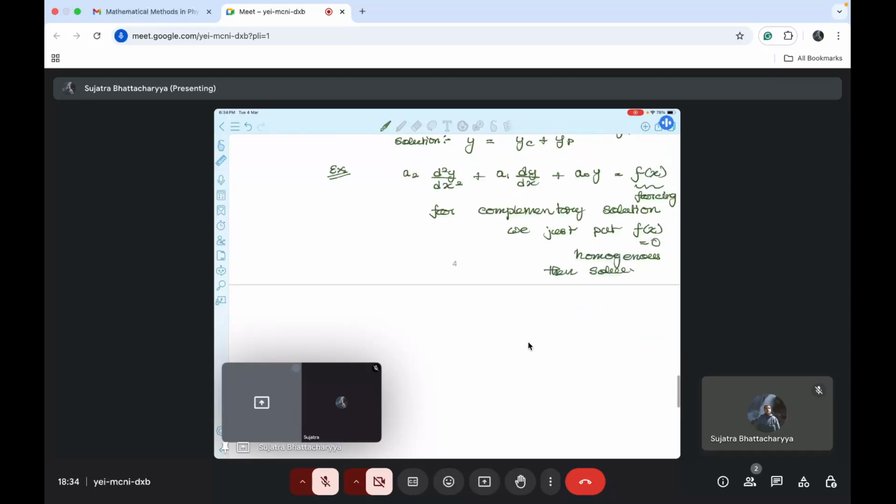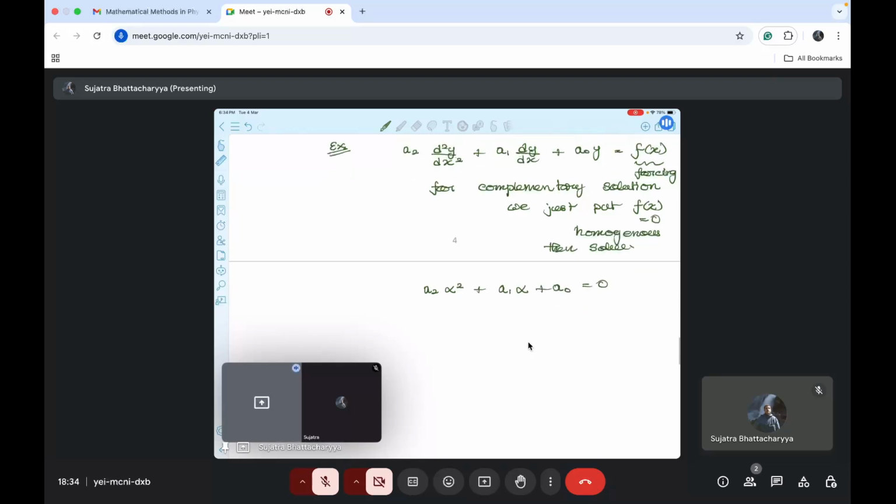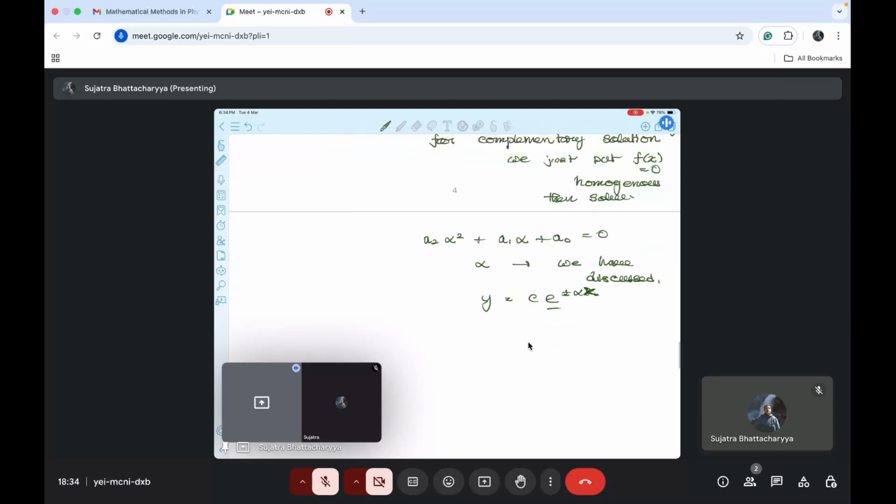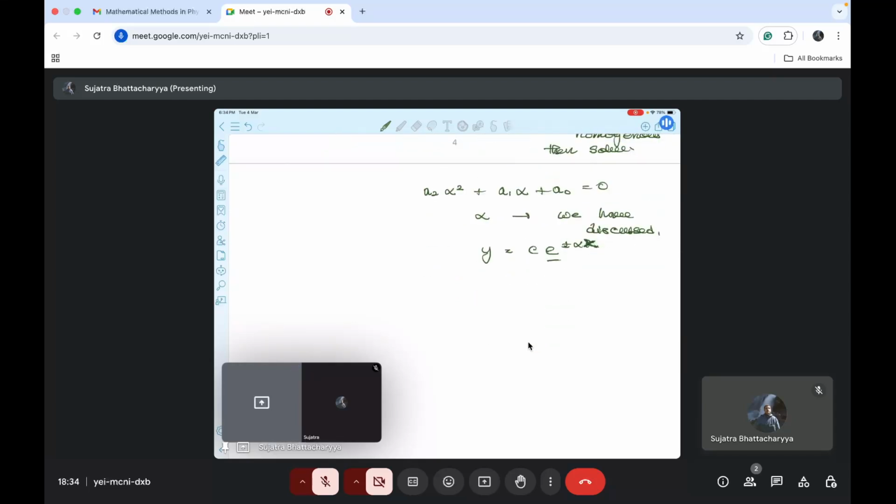In that case it will be a2 alpha square plus a1 alpha plus a naught equals 0, and you will find the alpha. We have already discussed this. And you write y is equal to some c e to the power plus minus alpha x. This is how you find the complementary function.